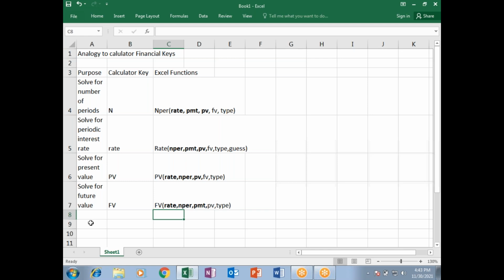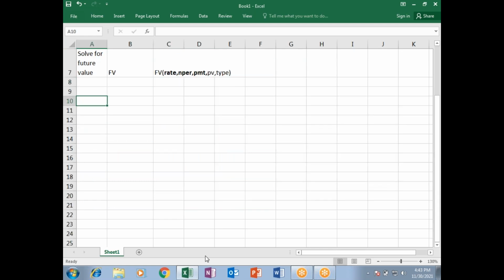Say for example, I'll have present value, years and annual rate, or rate.